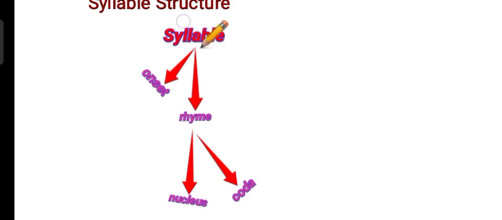Generally a syllable is divided into 2 parts. One is onset and one is rhyme, and rhyme is further divided into 2 parts, and these 2 parts are nucleus and coda. So generally speaking, we can say that a syllable contains 3 parts: an onset, a nucleus, and a coda.